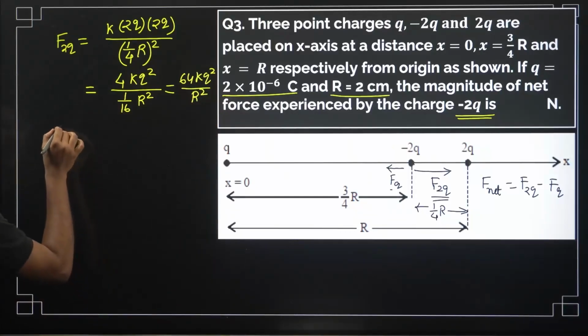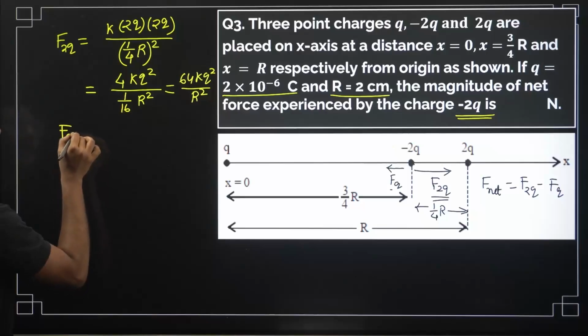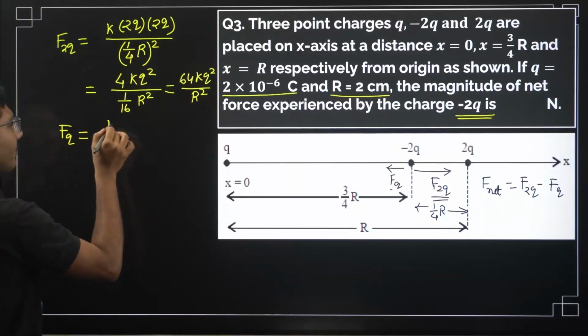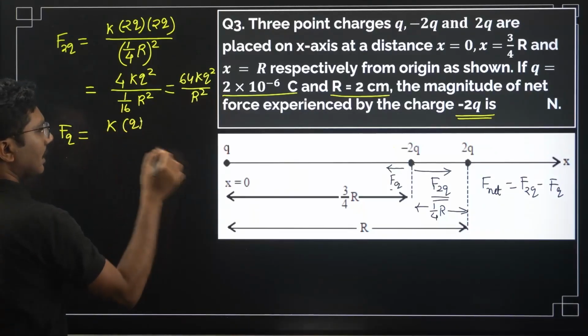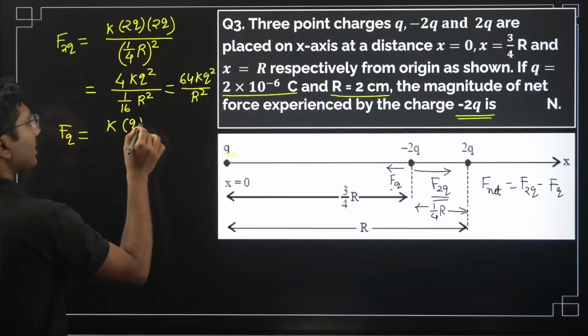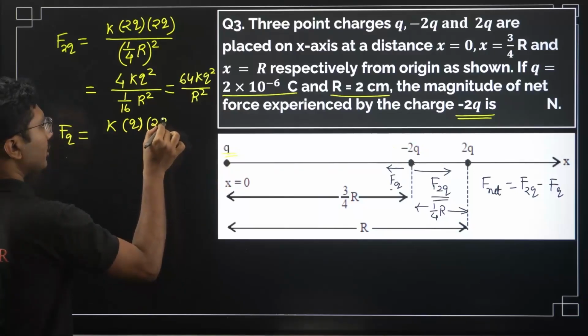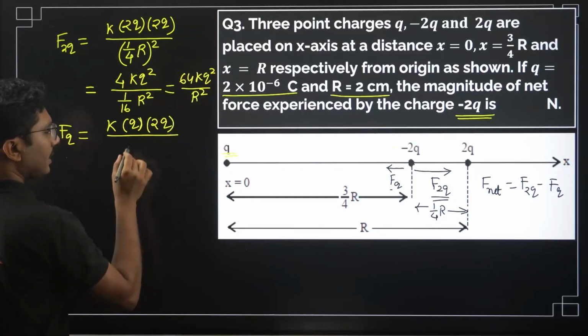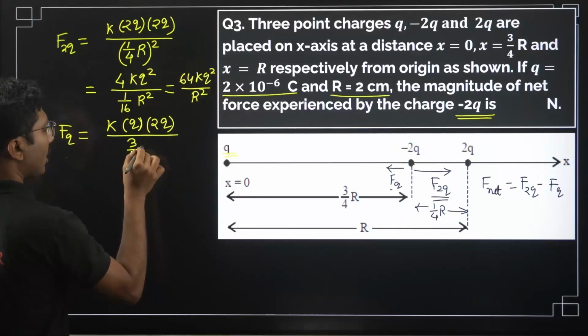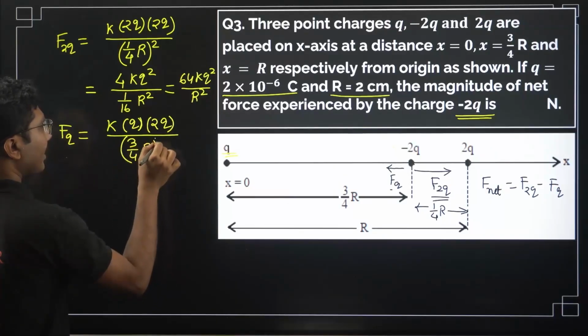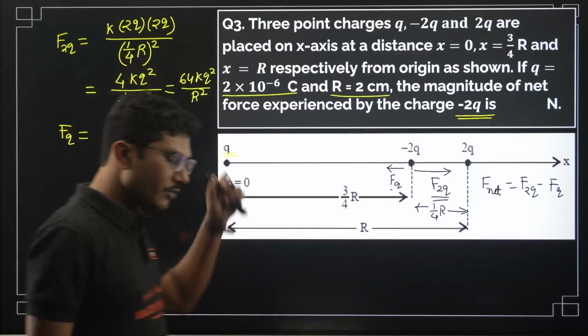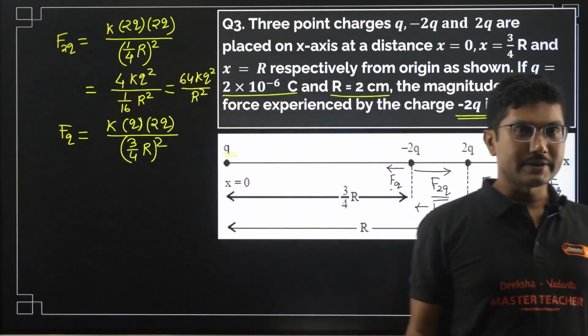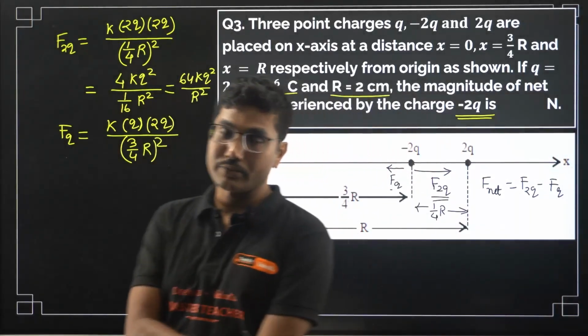Now what is the value of Fq? Value of Fq same. Only thing here, it will start from q. Q into 2q divided by 3 by 4 r whole square. Very, very important. Some students often forget to square the extra factor. They just add 3 by 4 r square, which is wrong.